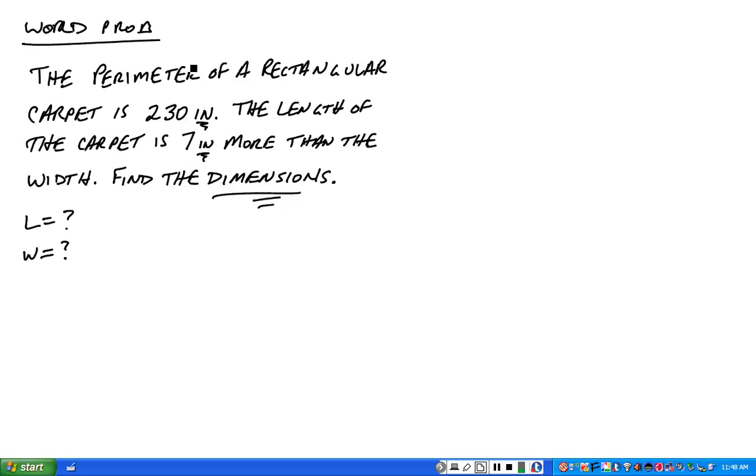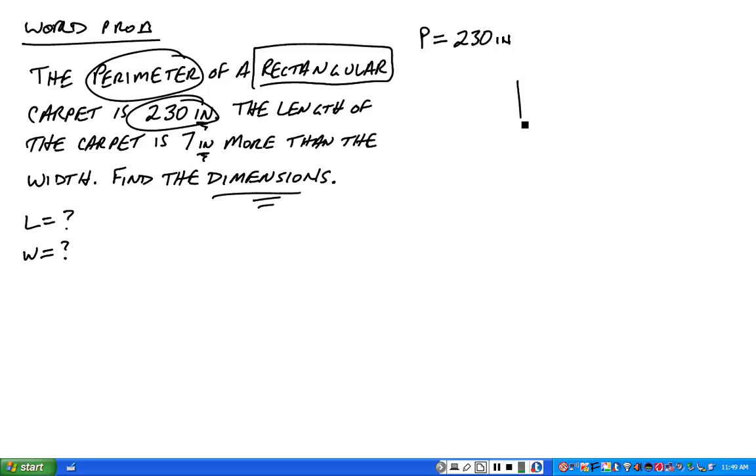Well, they give us the perimeter is 230 inches. Okay, so we know P equals 230 inches. That's perimeter. We know that we're dealing with a rectangle, so let's draw a rectangle.